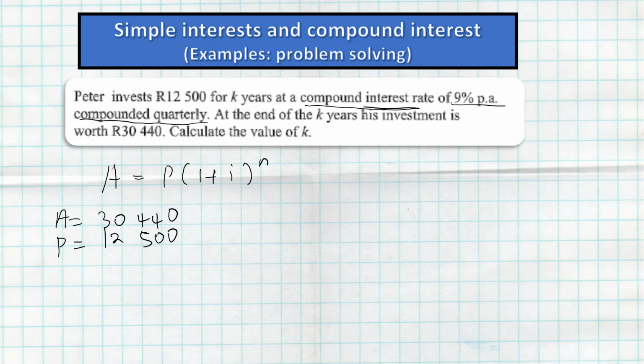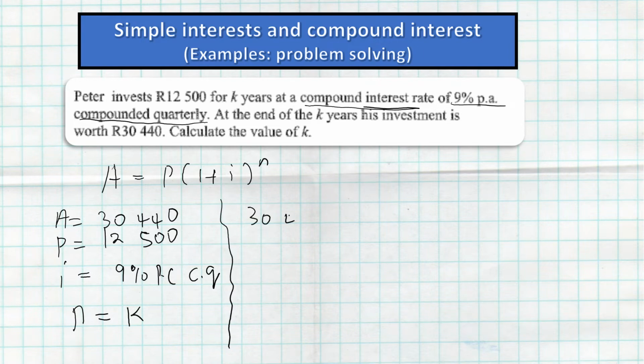The interest is 9% per annum compounded quarterly, right? So if the interest is compounded quarterly, we know we have to divide it by 4 to convert it into quarterly interest. The number of years is K, so we're just going to substitute there and get the answer.